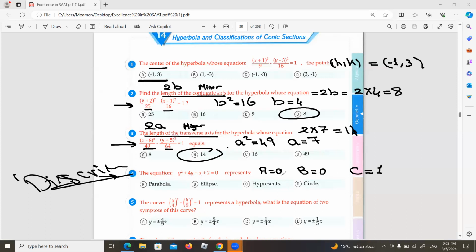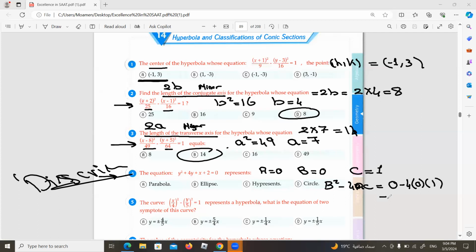Now you have the value of A, the value of B, the value of C. I'm going to get the discriminant. I remember the rule: b squared minus 4ac. It's 0 squared minus 4 multiplied by 0 multiplied by 1.